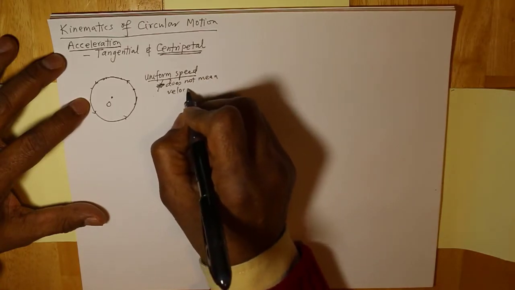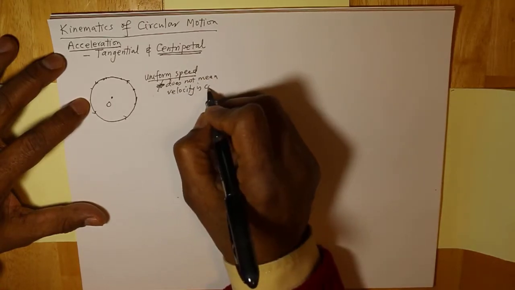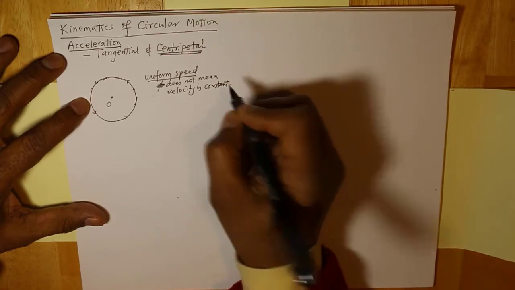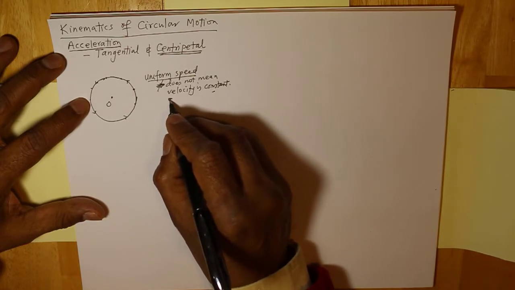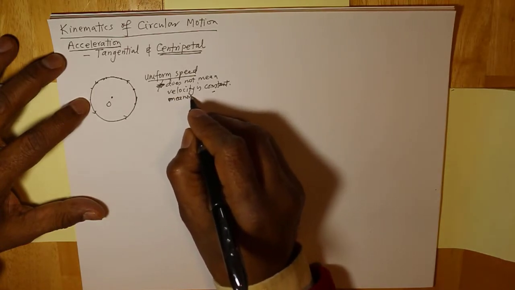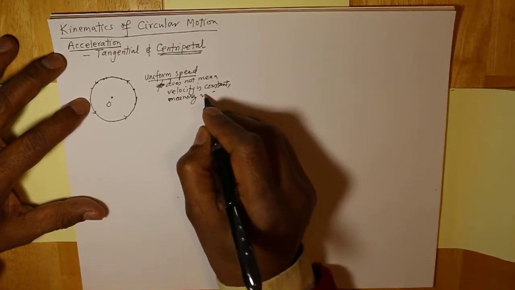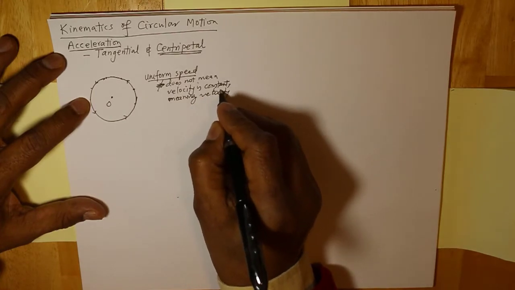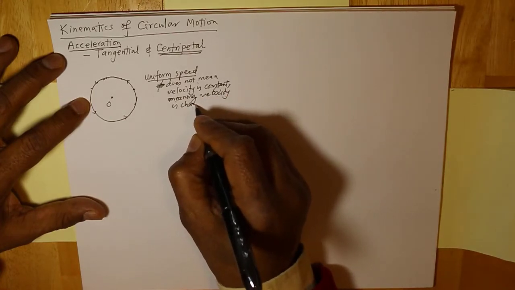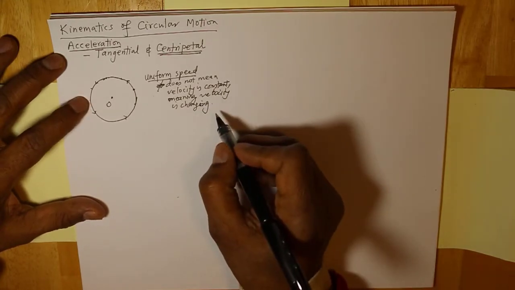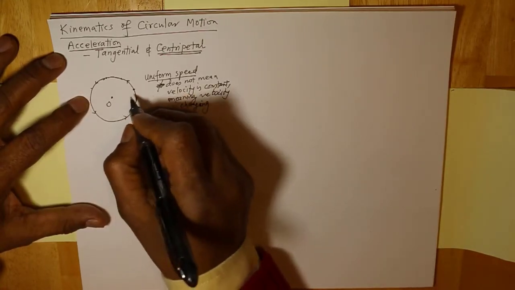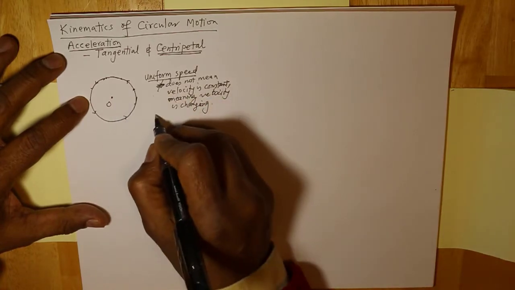As you've learned, the velocity is not constant, meaning velocity is changing. So the rate of change is the acceleration.